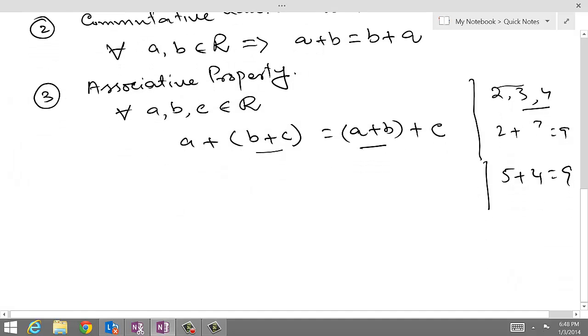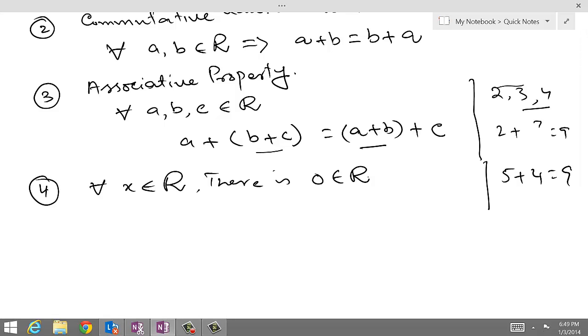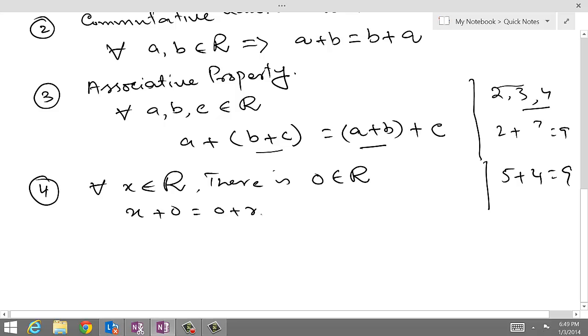This is called the associative property, and fourth, for all x belonging to R, means for any real number, there is 0 belonging to R. 0 has a very special significance: when added to any other real number it doesn't make any difference. x plus 0 is the same as 0 plus x, and it again is x itself. 1 plus 0 is 1, 2 plus 0 is 2.